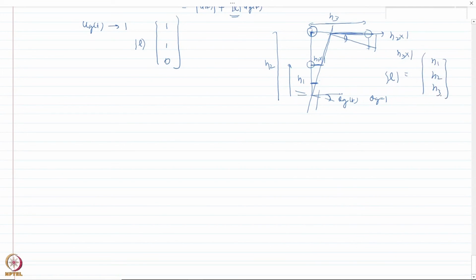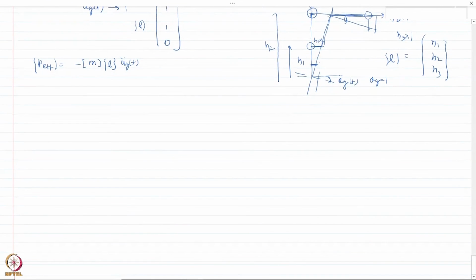Once we get the influence vector, we can find the effective force vector as minus m times the influence vector times the ground acceleration, if it's a translational ground acceleration.